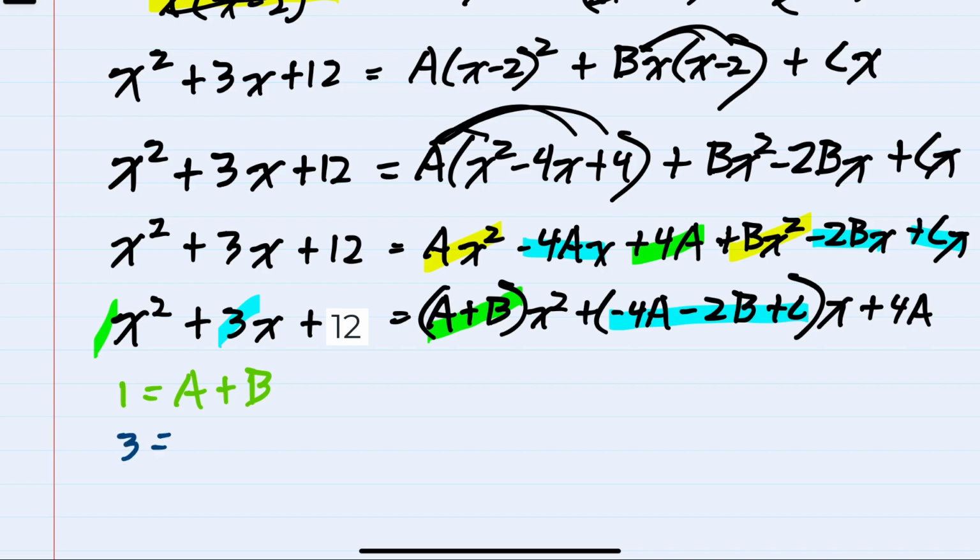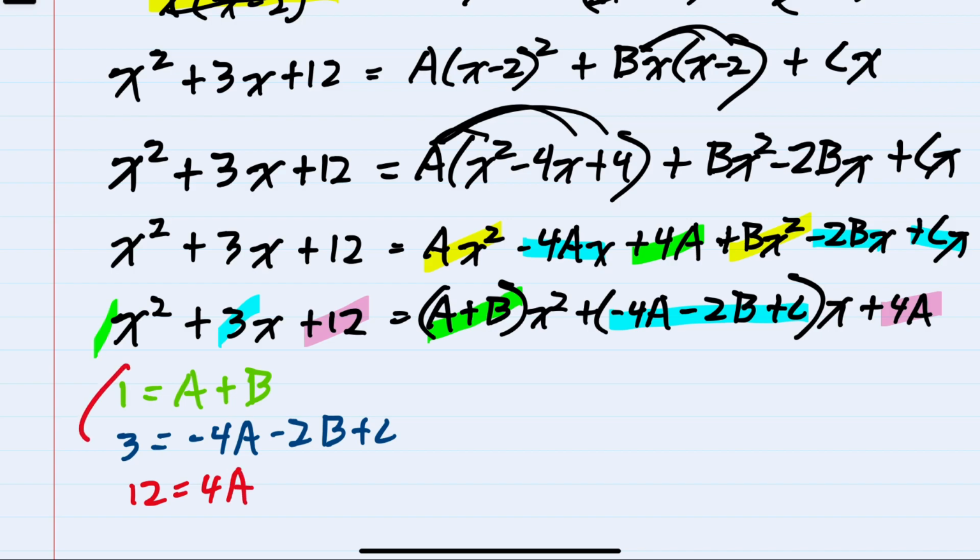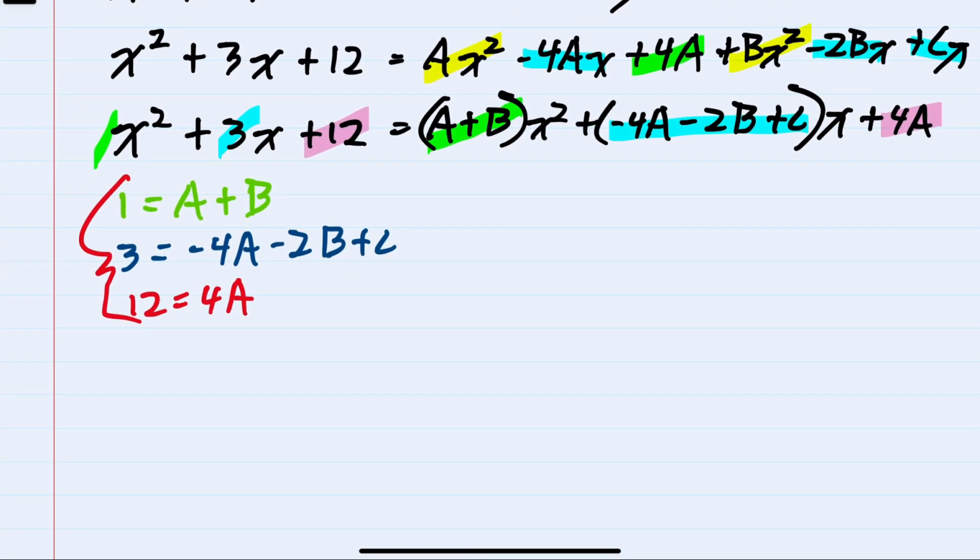So 3 equals negative 4A minus 2B plus C. And then the constants, the 12 on the left and the plus 4A on the right, must be equal. So 12 equals 4A. From here, we have a system of equations, and we can begin to solve.